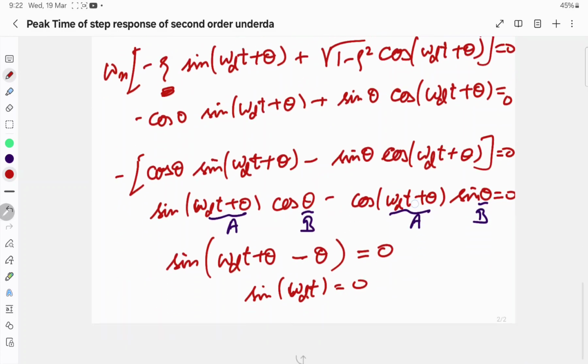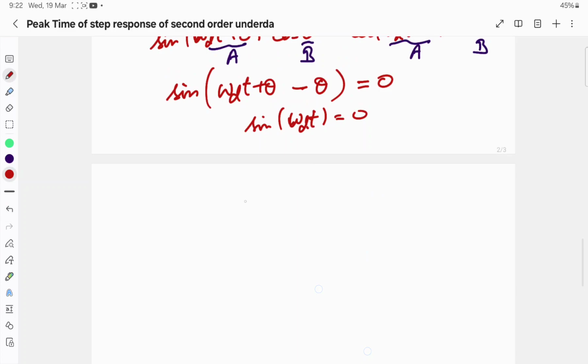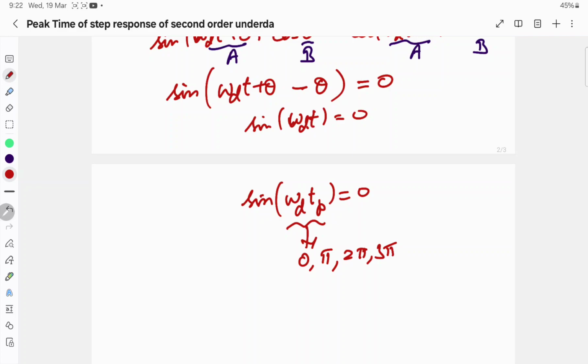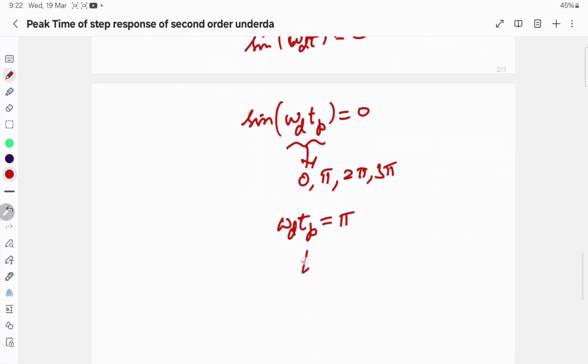Now substitute t equal to Tp here: sin omega d Tp equal to 0. We very well know this is equal to 0 for 0, pi, 2 pi, 3 pi. For the very first time it is equal to pi. That means omega d Tp should be equal to pi. So peak time is equal to pi by omega d.